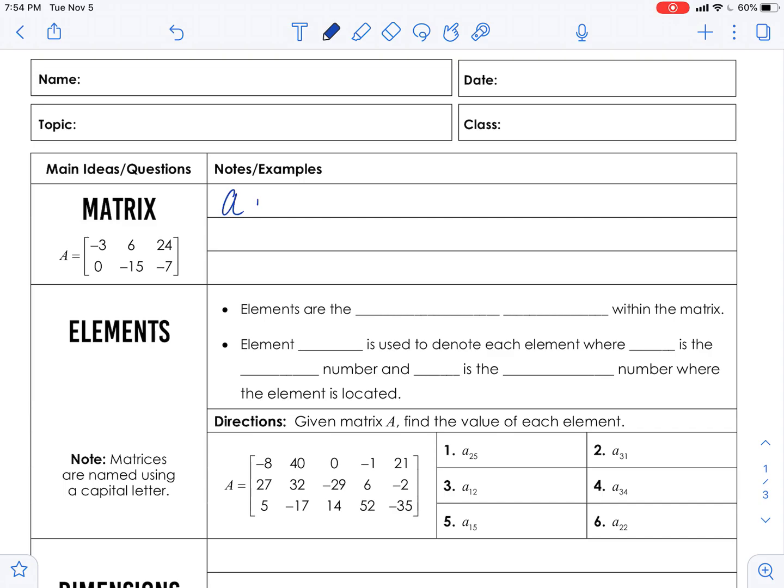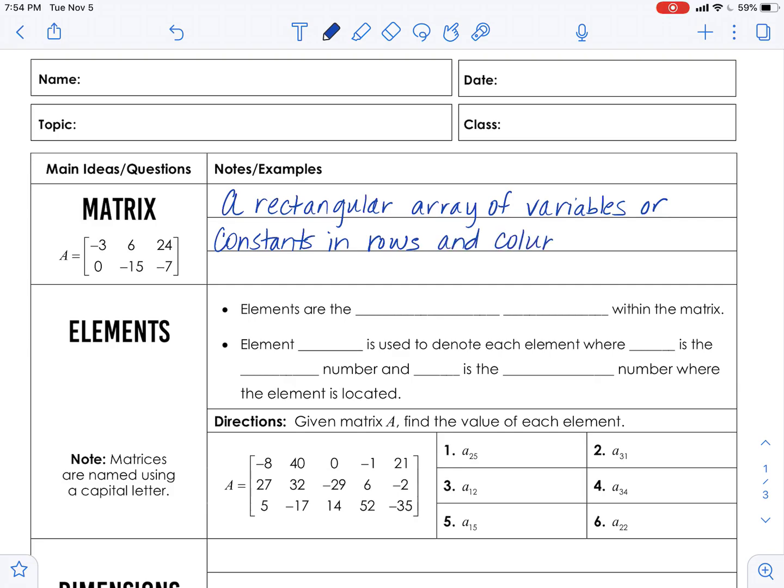So it is a rectangular array of variables or constants in rows and columns. And they're usually enclosed in brackets.